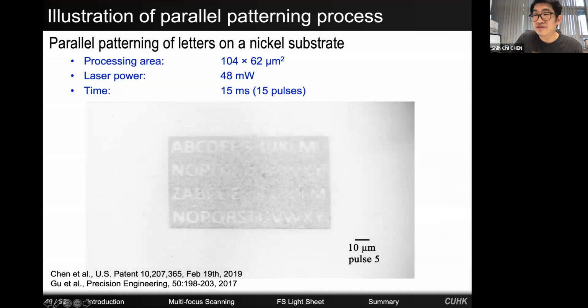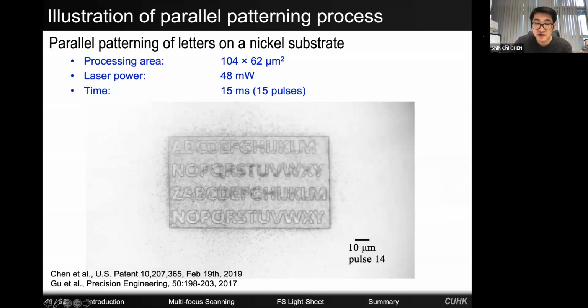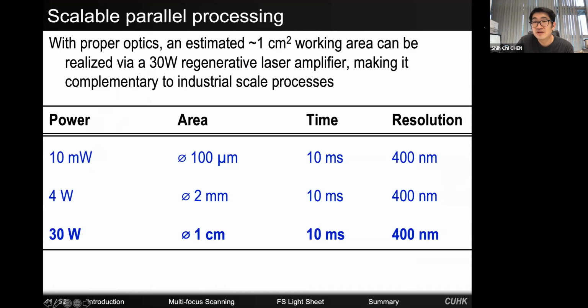All right, so let's continue on the topic of generating the light sheet for nanofabrication. One implication of the light sheet generation for processing is that it may be compatible with some of the semiconductor processing. Because everything I just showed is only using a very low power level, 10 milliwatt to, at most, I think 30 milliwatt.